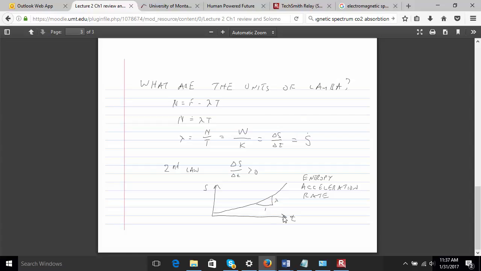So here's time. The slope of that curve is lambda. What it is, and the authors don't come out and say it, is the entropization rate of Earth. It's the rate at which the Earth is becoming more disordered.